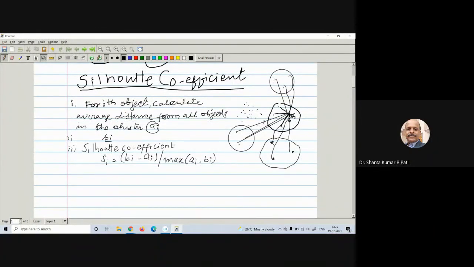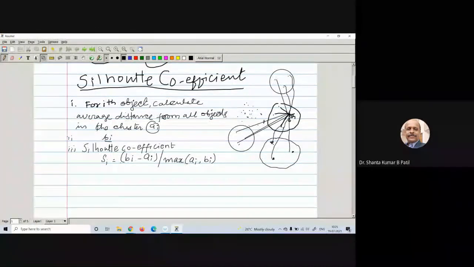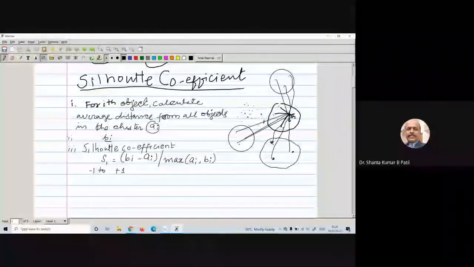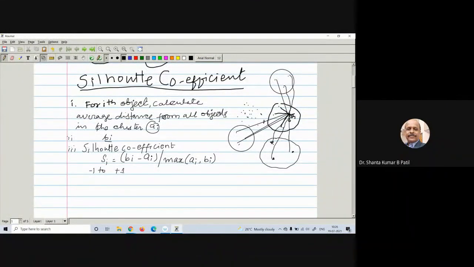By using this equation, the Silhouette coefficient varies from -1 to +1. A negative value is undesirable.